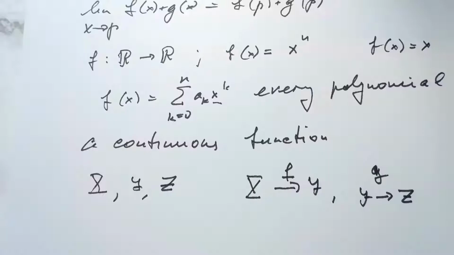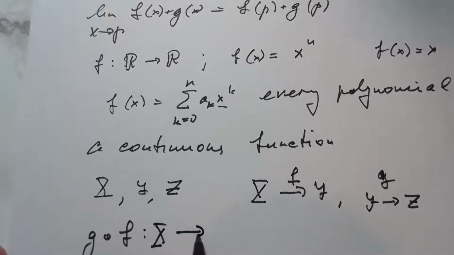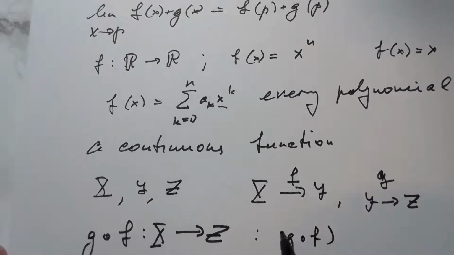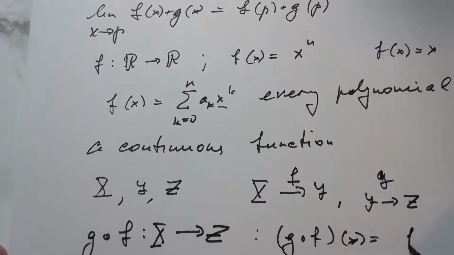So the composition of these two functions is the function g composed with f, and this is a function from x into z. And the way this function is defined is g composed with f applied to x is equal to I apply f to x.